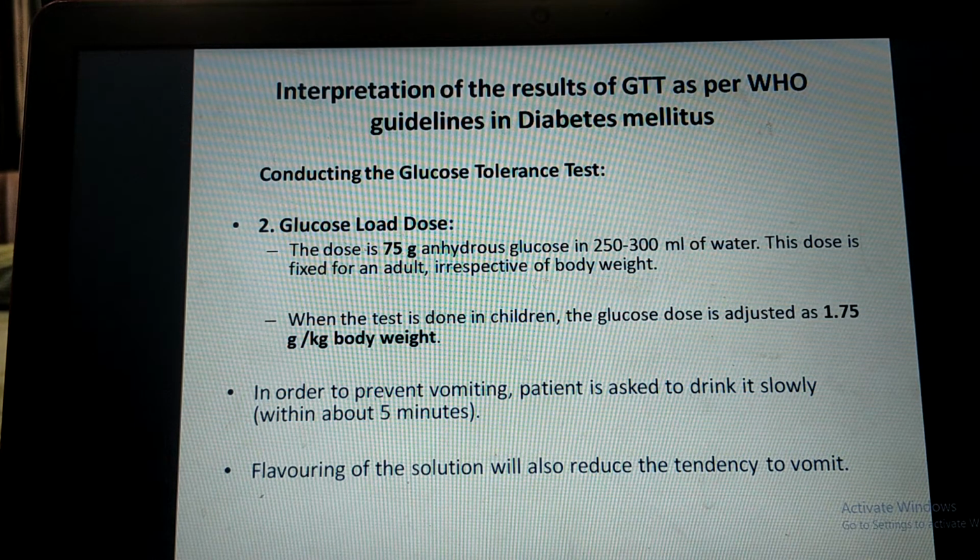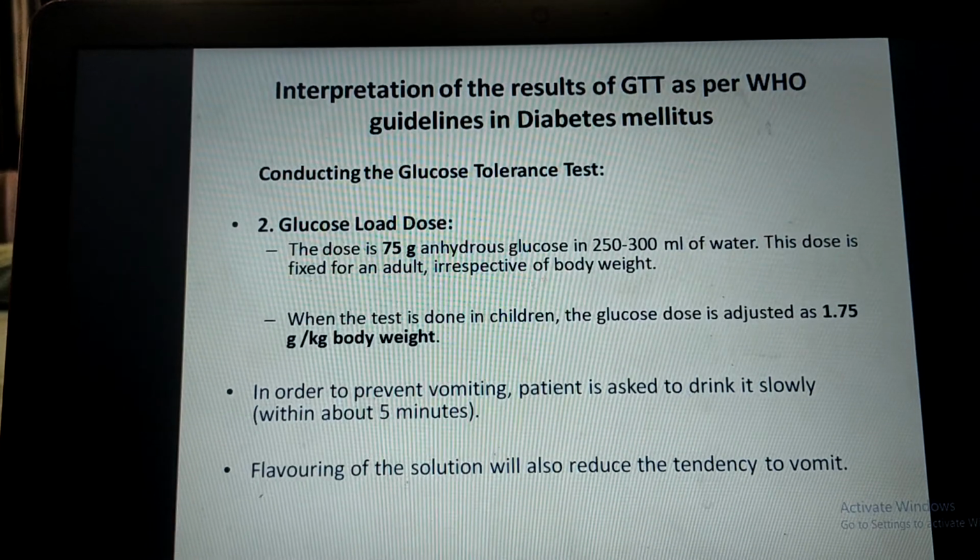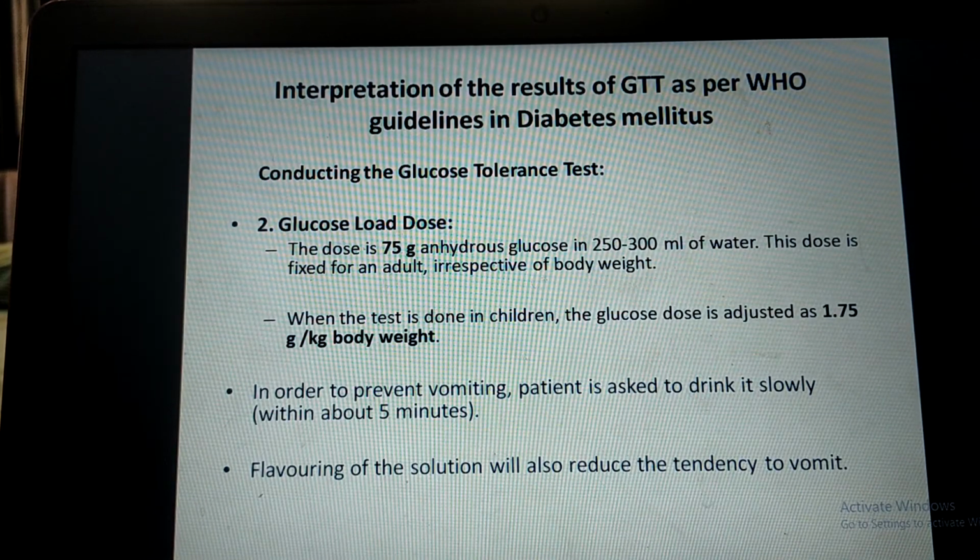But in case of children, you can calculate the glucose load by 1.75 gram per kg of body weight. When the patient drinks this sugar solution, to avoid vomiting, ask him to drink slowly within 5 minutes. You can also add a flavoring agent to this solution.